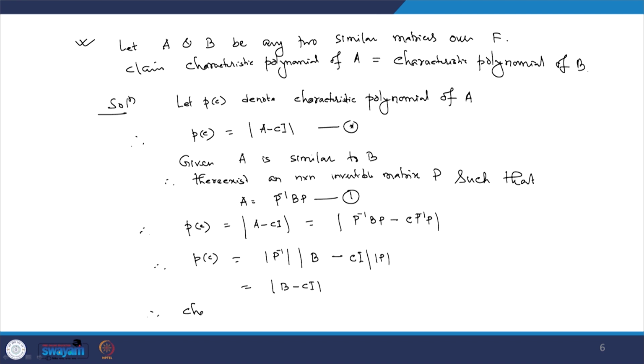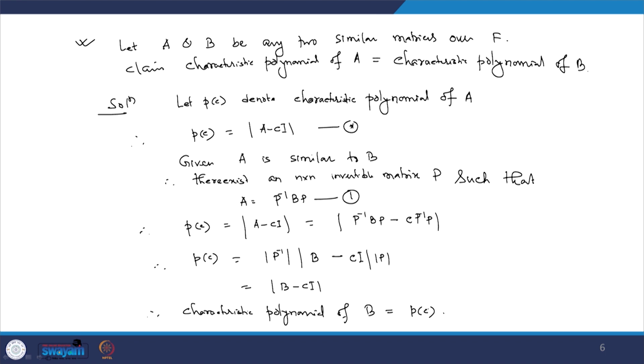So, the characteristic polynomial of B is equal to P(C). So, both A and B have the same characteristic polynomials. This means both of them have the same characteristic equations, so both of them have the same characteristic values. So, if A and B are two similar matrices, then the characteristic values of both will be the same.